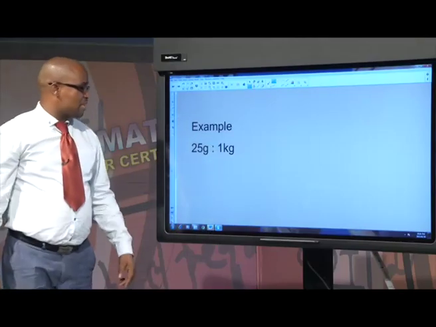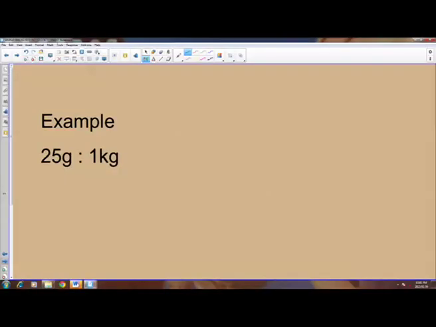We've got another example here. 25 grams is to 1 kg. Also, the units are not the same, so we should start by making sure that the units are the same. This is 25 grams, this is the kg, so we have to convert the kgs to grams. Now this will be 25 grams is to 1 times, how many grams are there in a kg?